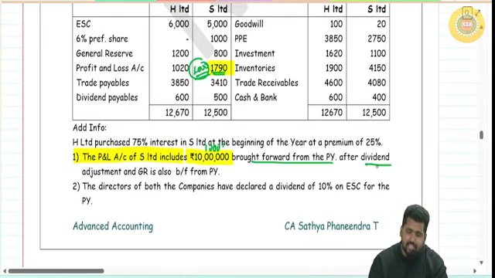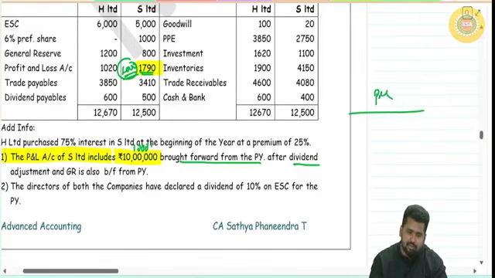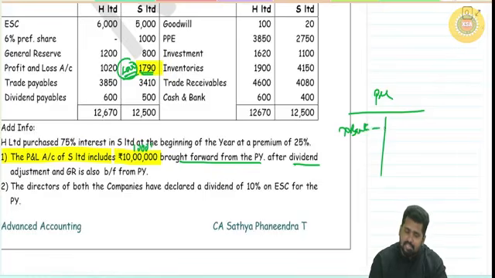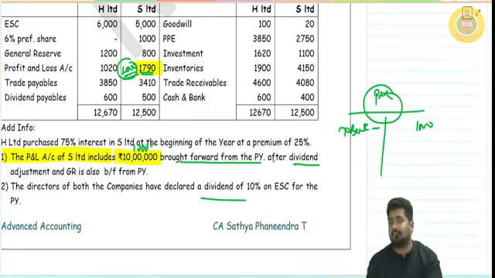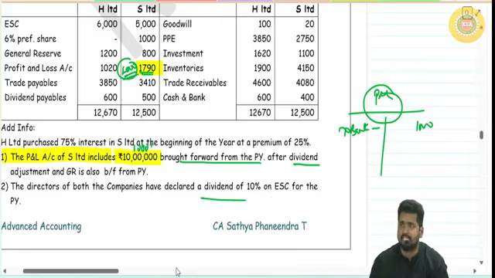After dividend adjustment means they have adjusted the dividends. In the P&L account, would I have written dividend adjustment to bank? No. After adjusting dividend only, the balance was 1000. Clear? When you are preparing the P&L account, dividend, bonus or both are there, you have to prepare P&L and reserve to make sure you are getting the answers very quickly.